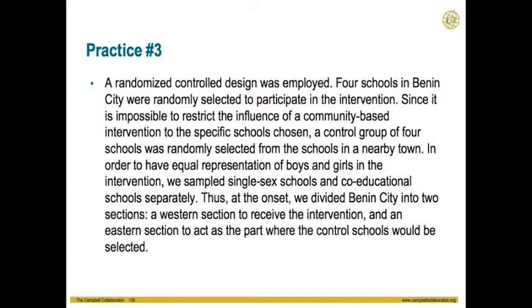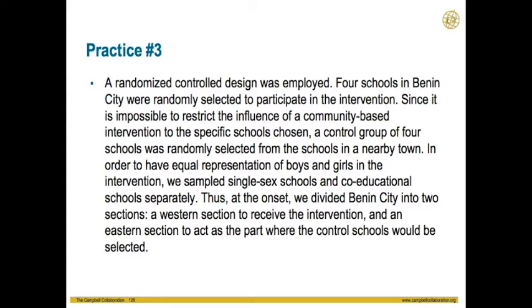Okay, I think this is our last one. A randomized controlled design was employed. 4 schools in Benin City were randomly selected to participate in the intervention. Since it was impossible to restrict the influence of a community-based intervention to the specific schools chosen, a control group of 4 schools was randomly selected from the schools in a nearby town.